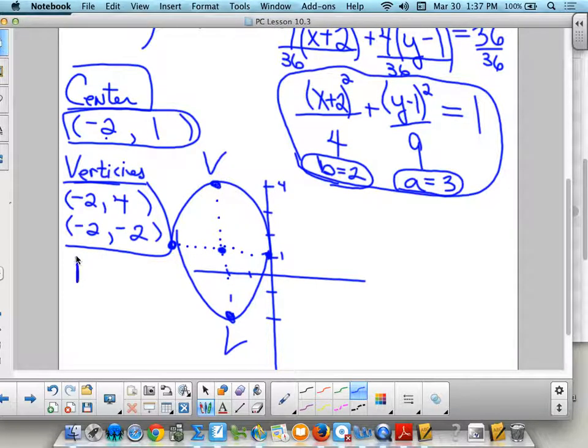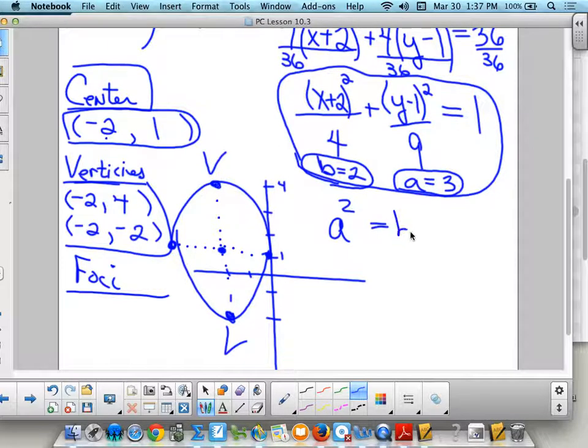Although they do want the foci, don't they? How do you get the foci? It's from the center where? Left, right, up, down? Up and down. How far? C. You gotta go C. What's C though? I know B and I know A, but I don't know C. So to find C, you're gonna have to use your Pythagorean relationship.